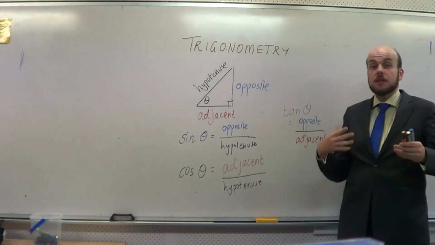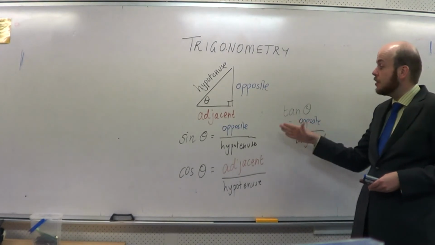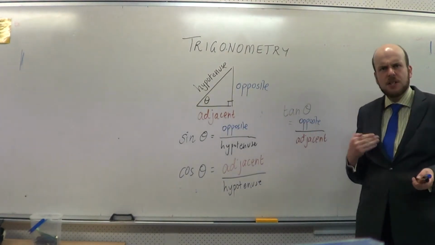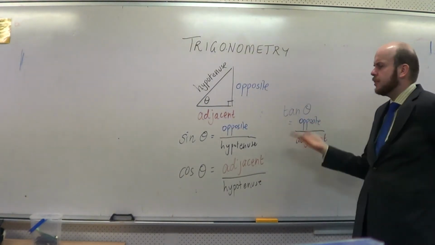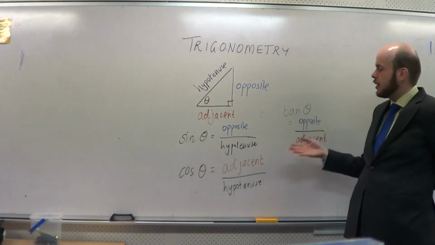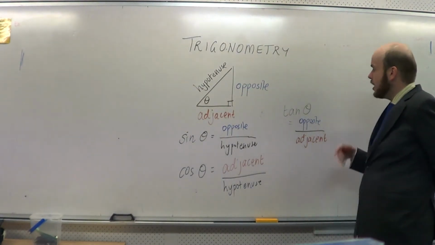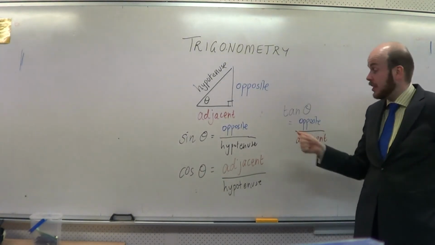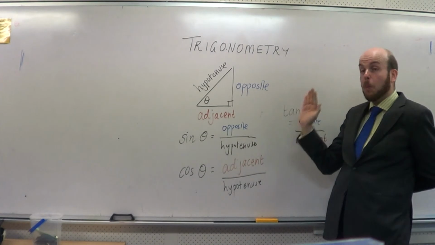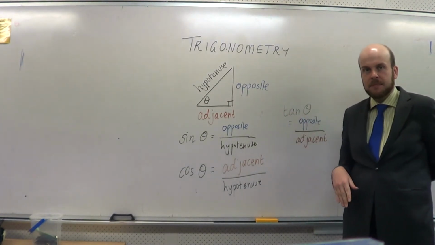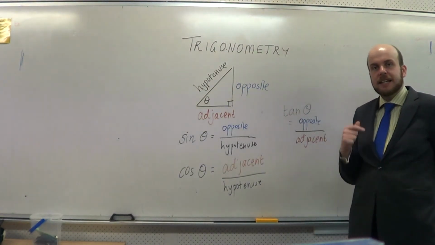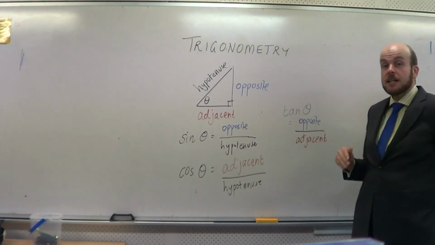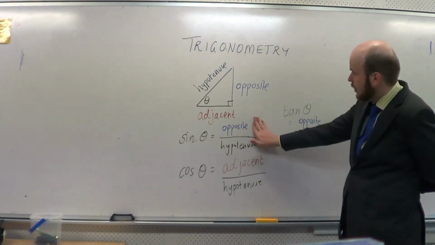Now, the only thing you need to make sure to remember is all the different ratios. But how do you do that? How do you remember that sine is opposite over hypotenuse? How do you remember that cos is adjacent over hypotenuse? How do you remember that tan is opposite over adjacent? Well, first things first, remember that they're all divisions. So they're all one side divided by another. But there's also an easy and handy way to remember, and that's by getting rid of a lot of letters.